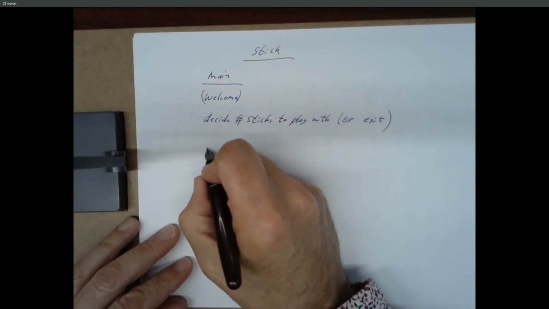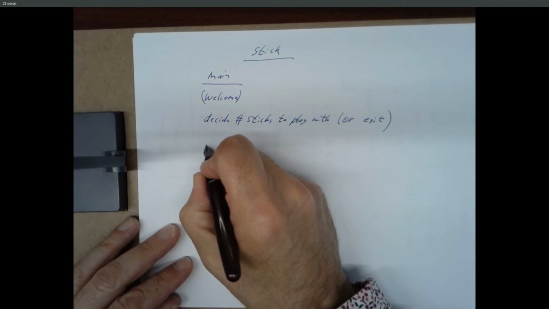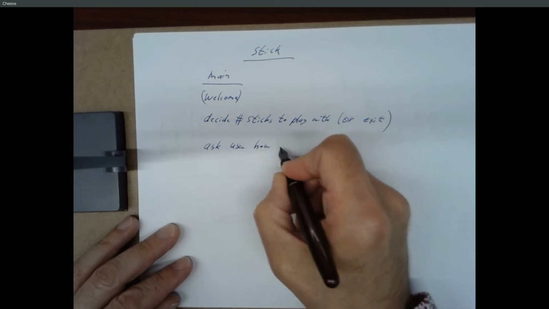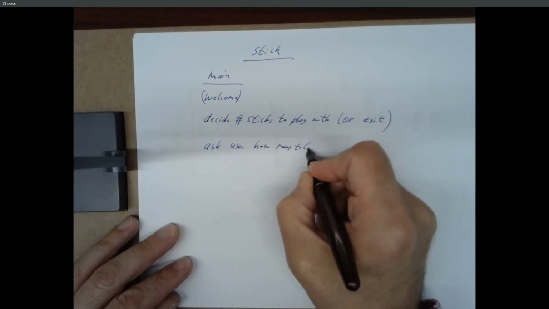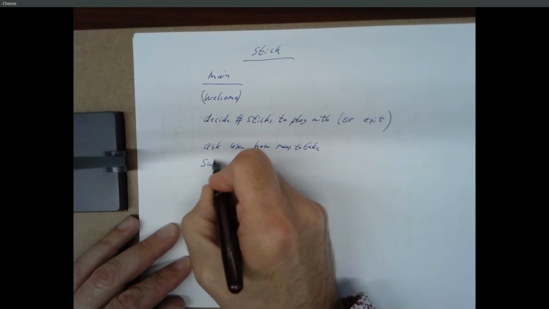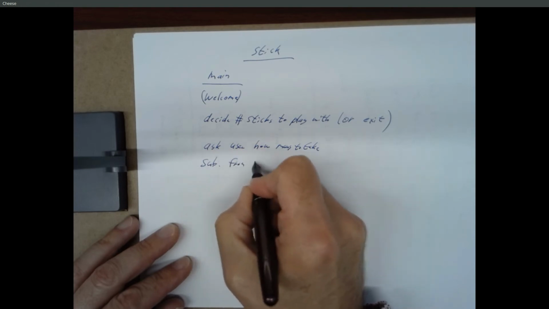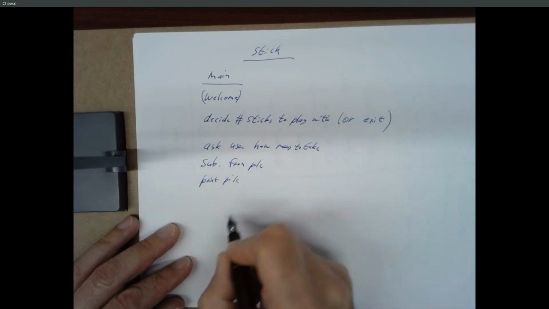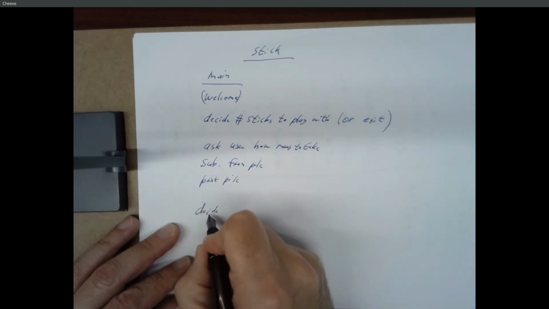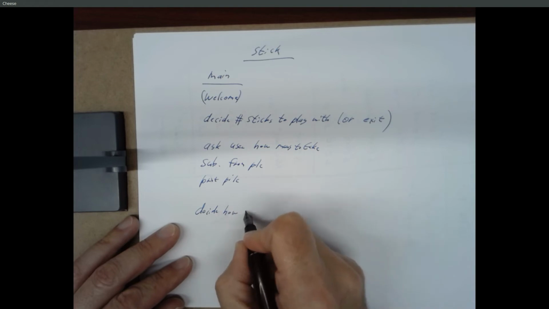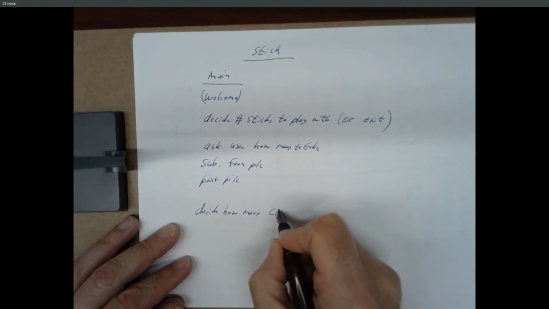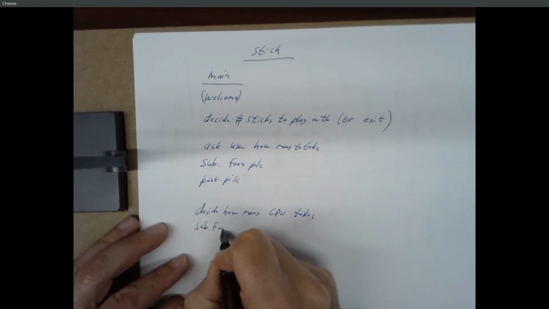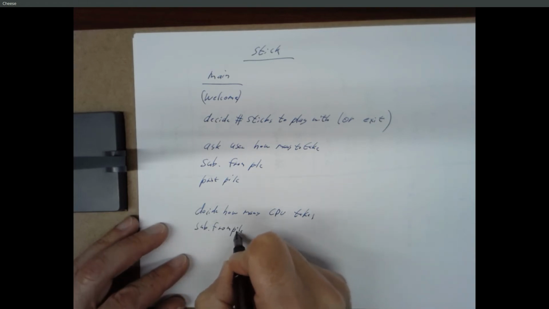Basically, ask the user how many to take, subtract from the pile, print the pile, decide how many the CPU takes, subtract from the pile, and print the pile.